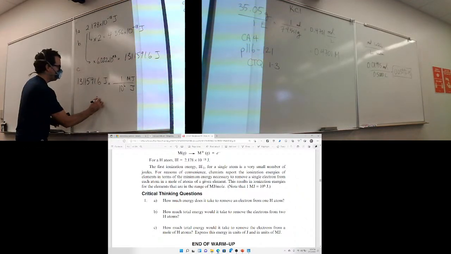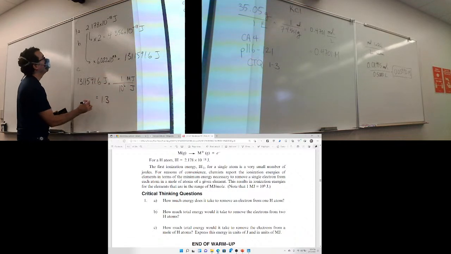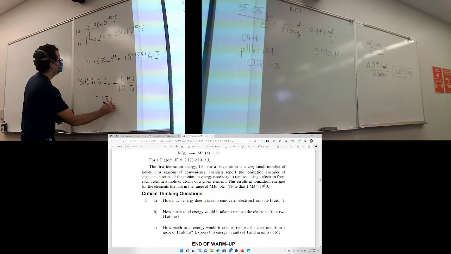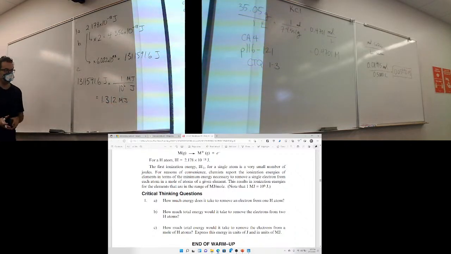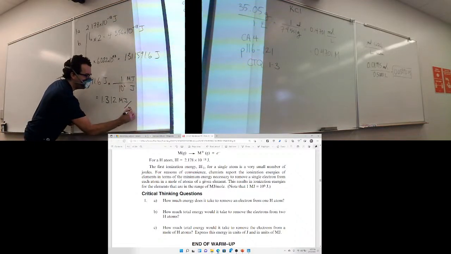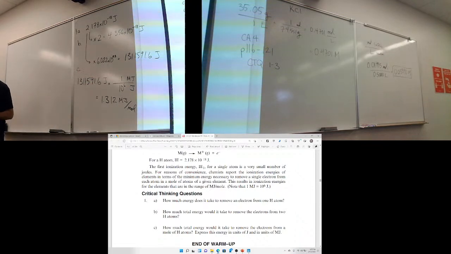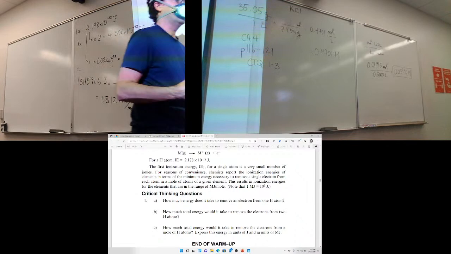And so this becomes 1.312, 4 sig figs, so 1312 megajoules is the amount of energy it takes to ionize 1 mole of hydrogens. So you could also say per mole of hydrogen. That's the energy per mole of hydrogen atoms. So we're kind of redefining the unit at the end there.